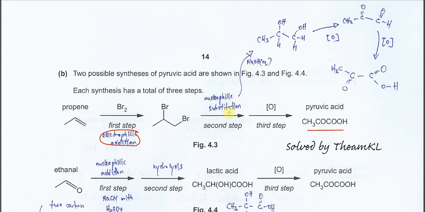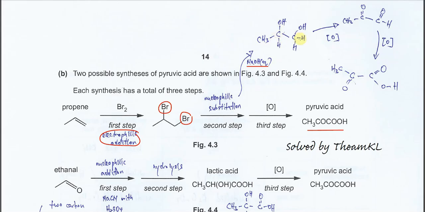The second step should be nucleophilic substitution, where we substitute the bromine using sodium hydroxide in water solvent. When it is sodium hydroxide in water, substitution will happen, not elimination. Therefore, both bromines will be substituted by OH to form this alcohol.